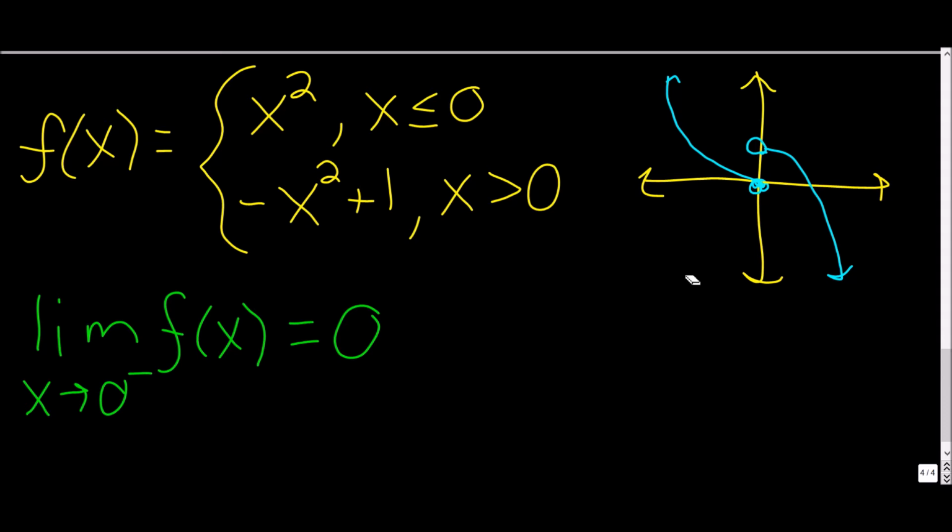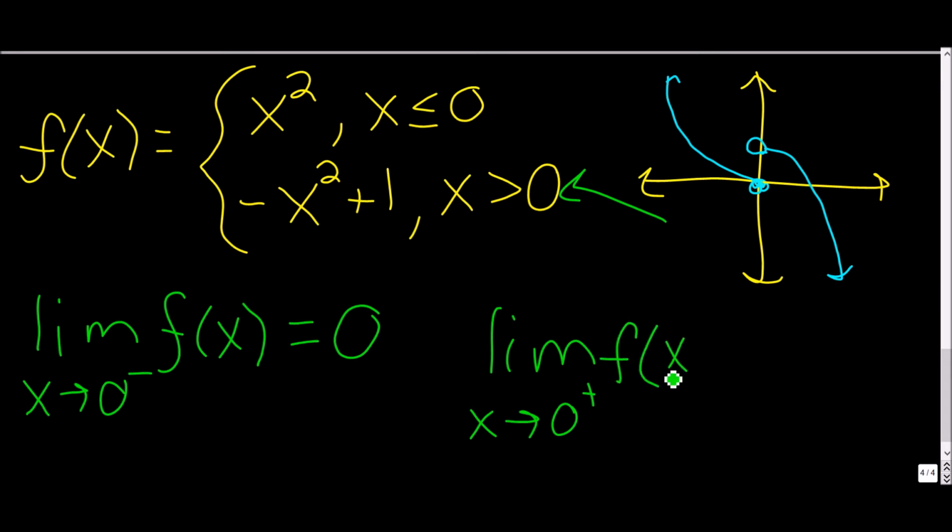So let's look at, from the right side, the limit as x approaches 0 from the positive numbers. Well, that looks like it's not going to 0 this time, right? It looks like it's going towards 1. Okay, so it's different this time, right?